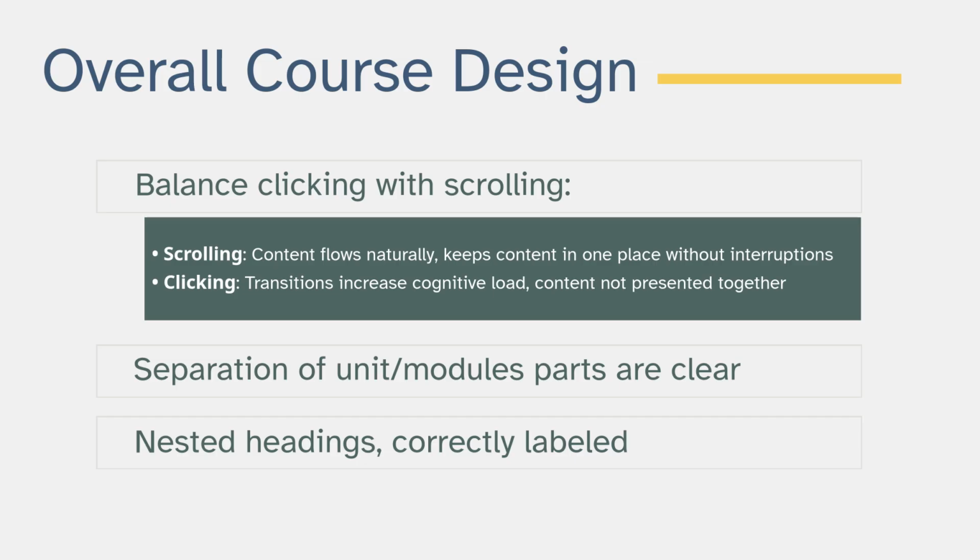Properly nested headings play a critical role in organizing content because they create a clear visual and cognitive structure. Nested headings are subheadings placed under main headings to show hierarchy and organization within content and break complex material into manageable sections. They help learners see how subtopics connect to main concepts, making it easier to build mental schemas and retain information.